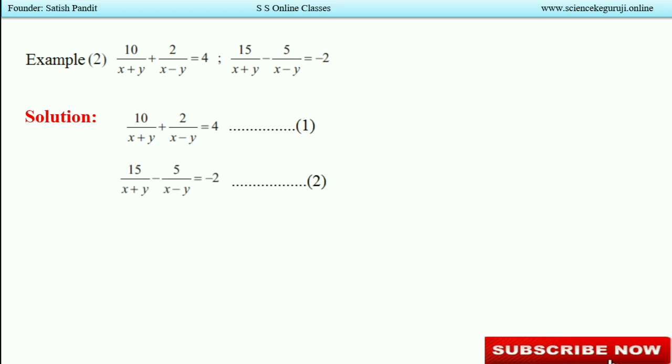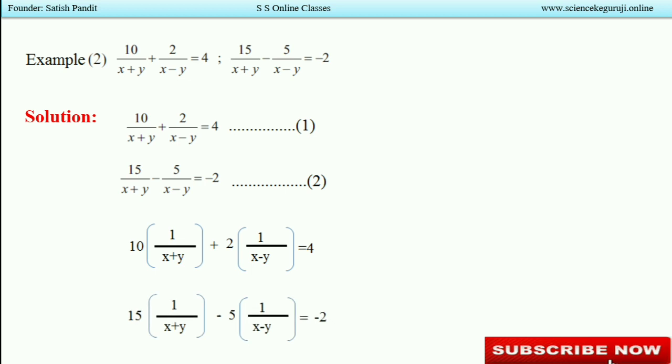Now make an adjustment. So here 10 into, in bracket, 1 upon x plus y, and plus, in the same way, 2 into 1 upon x minus y. Here is the adjustment in equations 1 and 2. Now put 1 upon x plus y equal to some other variable other than x and y.